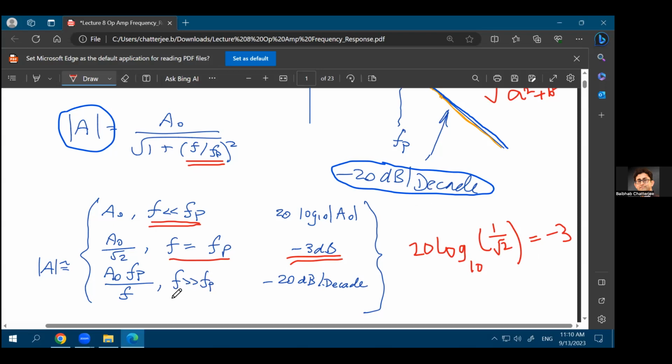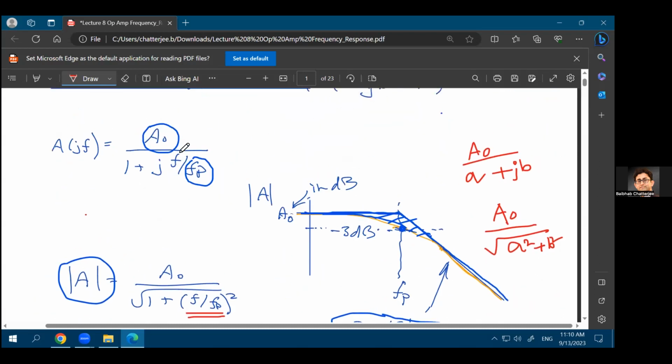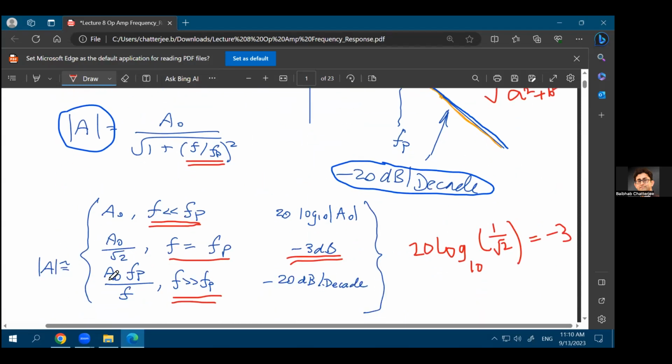And if your F is much higher than Fp, if your frequency is much larger than the pole frequency, the magnitude of the transfer function, you can write it as A0 times Fp divided by F. Why?